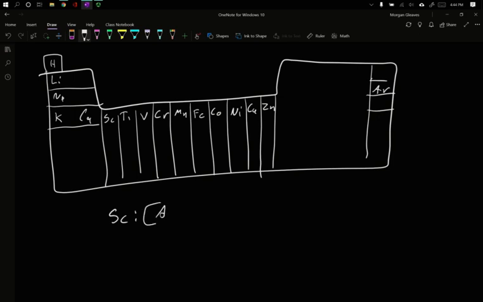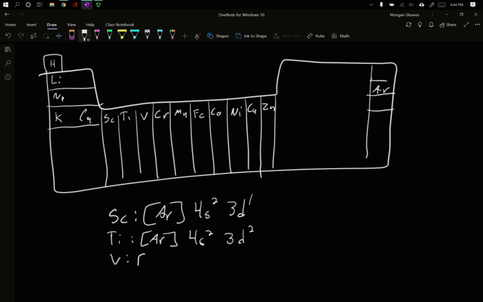So we can say argon 4s2 3d1. If we want to do it for titanium, it's going to look like argon 4s2 3d2.